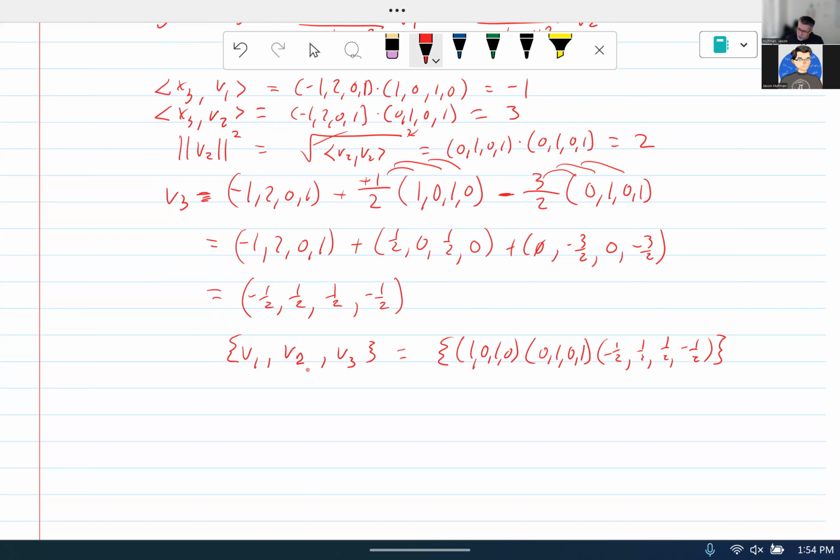And so that is an orthogonal basis. And we can see that this is orthogonal. If we were to dot product any pair of these, if I did V1 with V2, the standard inner product, I would find that I get all zeros.